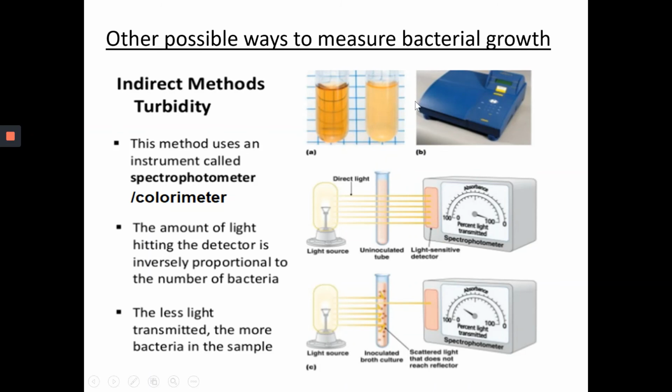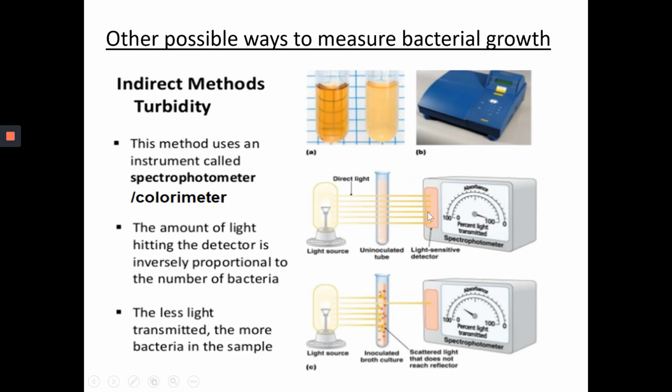There are 2 machines you can use to measure the differences in cloudiness objectively: the spectrophotometer or the colorimeter. What you do is measure the percentage of transmittance that passes through the solution. The idea is that there's a light source and a sensor that detects the light passing through.